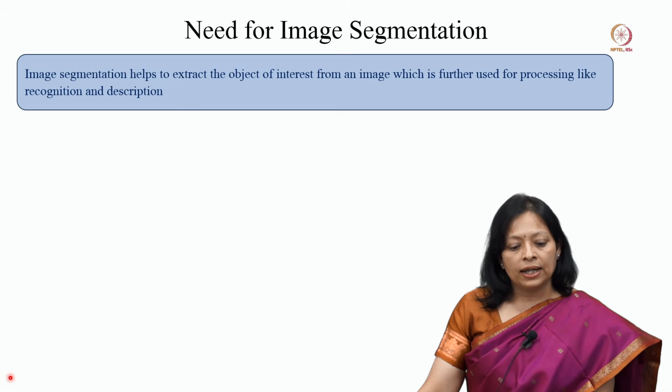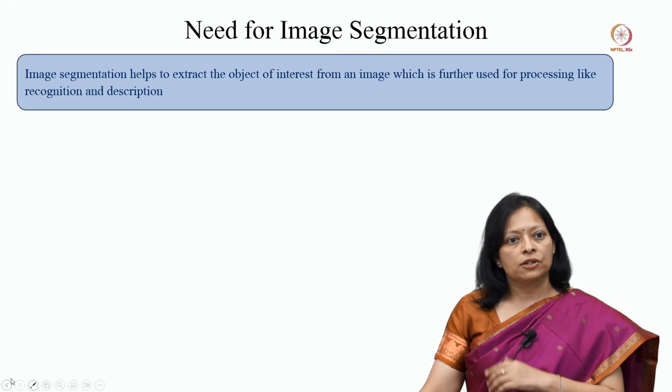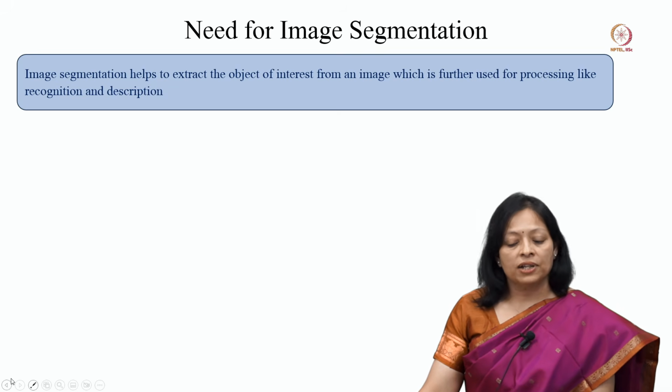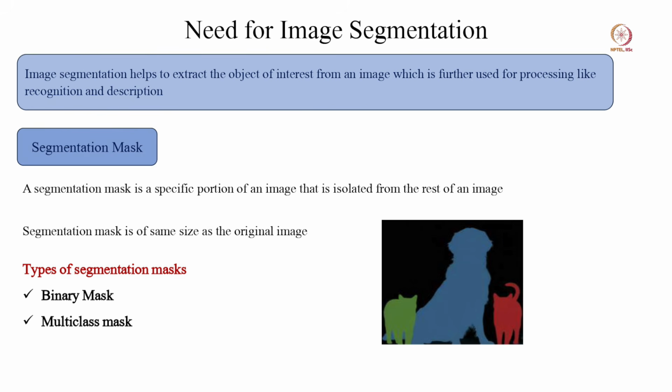If we can separate out my region of interest from the other things, then it becomes much easier to do processing like recognition and description of that object. That is the main need for image segmentation.